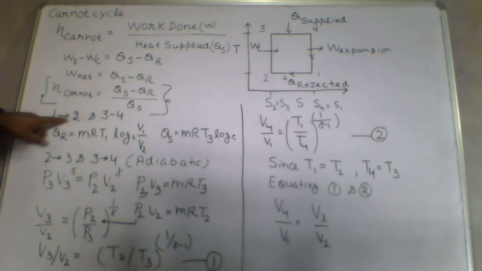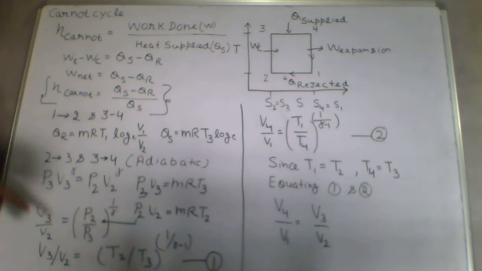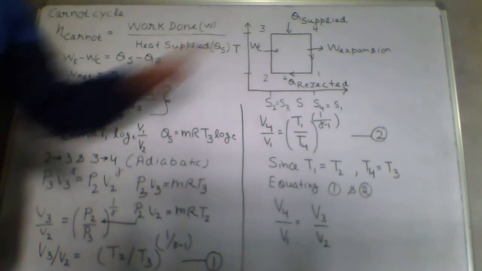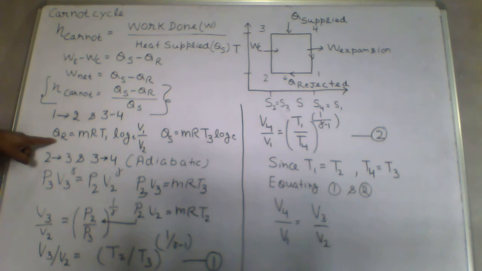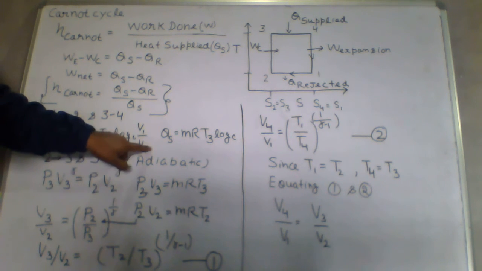Now consider the 1 to 2 process, which is heat rejected, and the 3 to 4 process, which is your heat supplied. So heat rejected is equal to M R T1 log e V1 by V2.